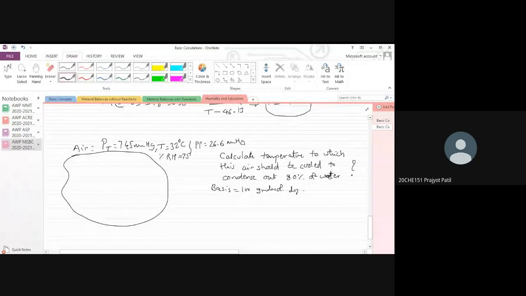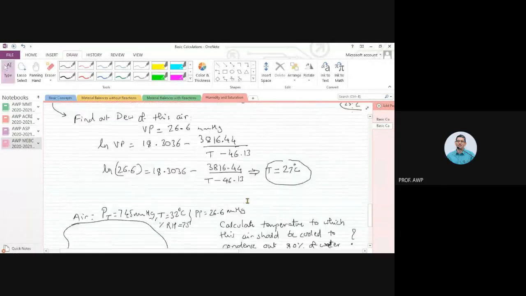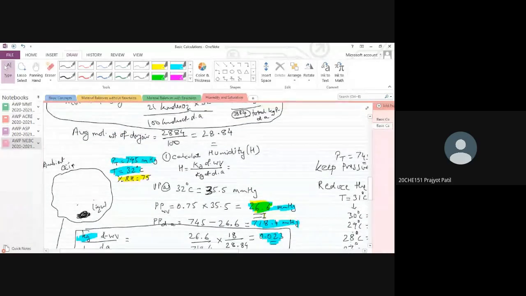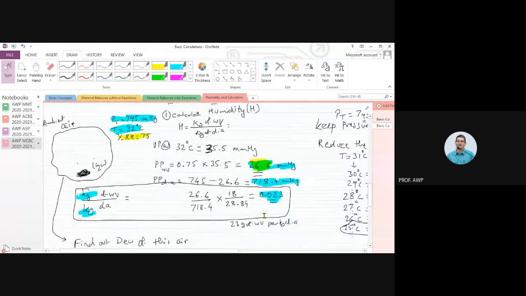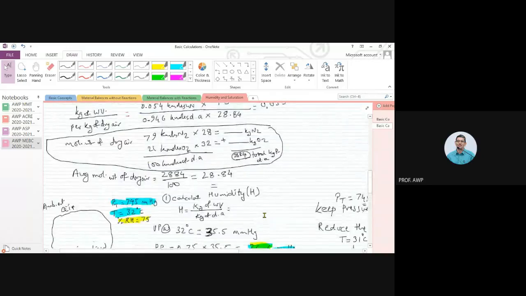Therefore, moles of water vapor would be 3.7. How did you get 3.7? Sir, from the last question we have done.